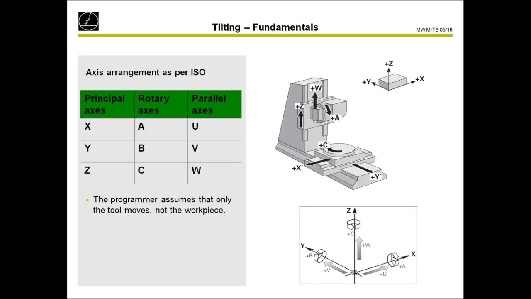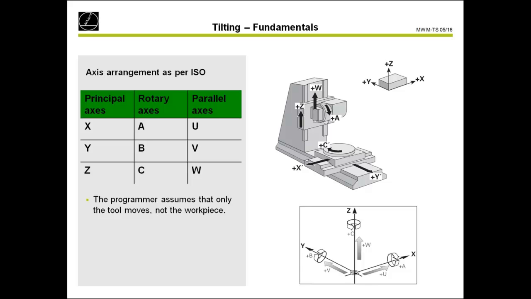Also very important, like in the basic training, we are always programming the tool. We are not programming the movement of the workpiece, we are only programming the tool. So we are not looking at our machine, whether there is a table moving the workpiece or the head moving the tool.